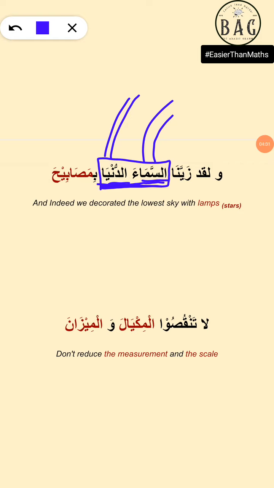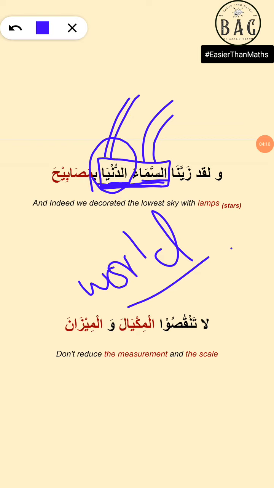Now the word dunya is translated as the world. Why is it so? It is because the word dunya means lowest, and this world is also the lowest. It's at the lowest location. So that's why this world is also called dunya, because it is lowest.